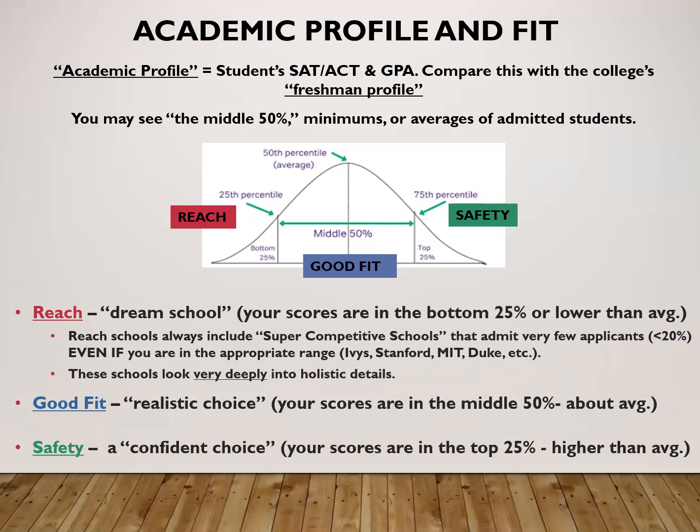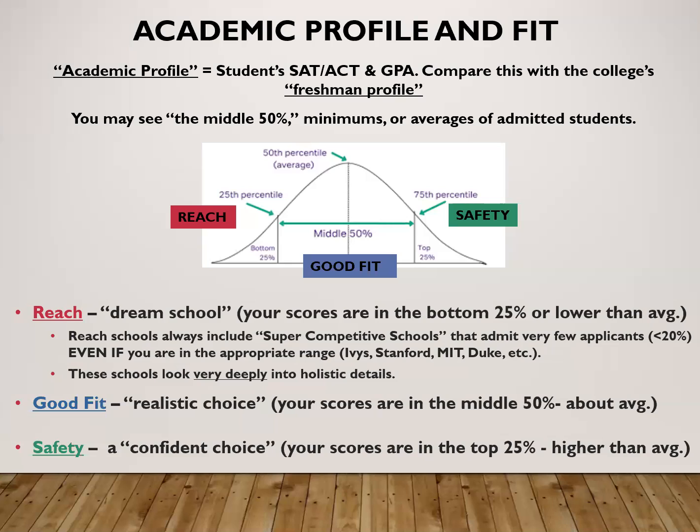So schools where you would fall in the reach category, these are going to be those dream schools. These are going to be schools that you are in the bottom 25% or lower than average of the typical applicant. And so these are also going to be those super highly competitive colleges that are going to be reach schools for everybody. Talking the Ivy League schools, Stanford, MIT, Duke, Vanderbilt, Emory.